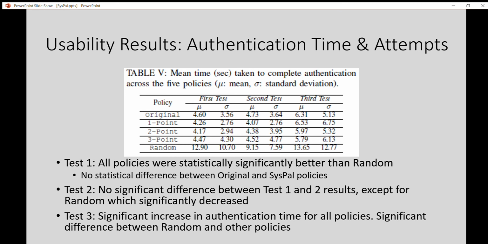For the 15-minute interval, there was no significant difference between test 1 and 2, except for the random, which significantly decreased. There was a significant increase in authentication time for all policies after 24 hours, with a significant difference between random and other policies. So again, the other policies are not significantly different from each other, but the random policy does take a longer time to authenticate.